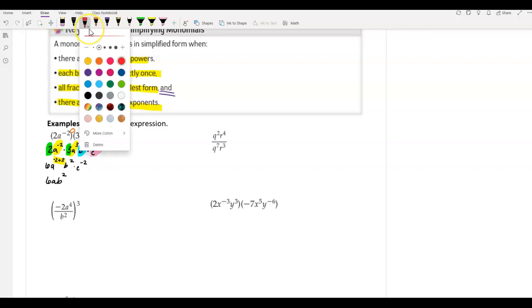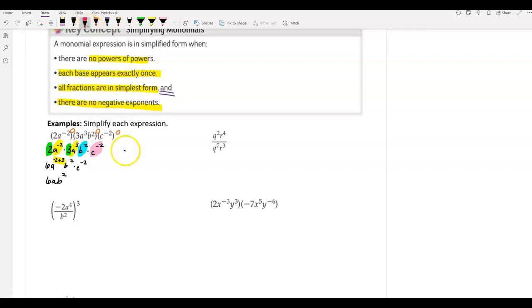But that c to the negative 2, we don't want a negative exponent. So we move it to our denominator, c squared. We just put it in the bottom, and when we do that, it becomes a positive. And that, my friends, is our answer.